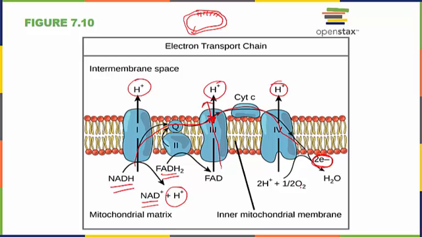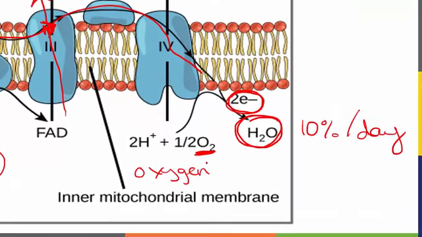Our hydrogens are going to be attached to oxygen molecules that we breathe in to create water. You actually create about 10% of the water that your body needs in any given day. And you create that water by using oxygen as the final electron acceptor in the electron transport chain.